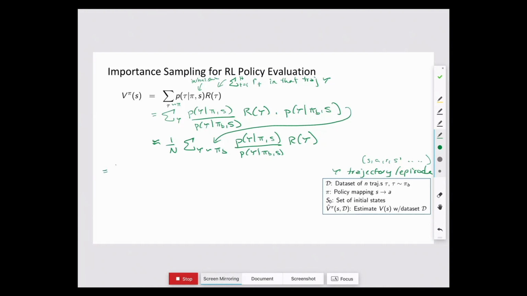So this is going to be equal to 1 over n sum over tau sampled from pi b, and then we can think of this as just being a product from t equals 1 to H of the probability of s t plus 1 given s t, a t, times the probability of taking that particular action under my policy for that state. So that's how we can write out the probability of a trajectory as a combination of the probability we take an action times the probability of that transition.